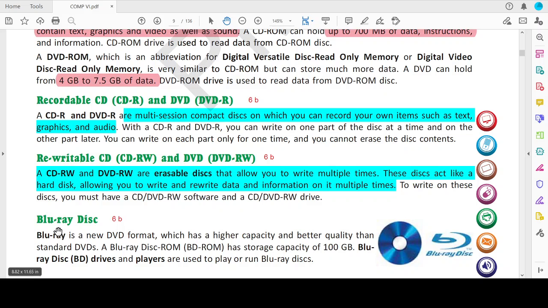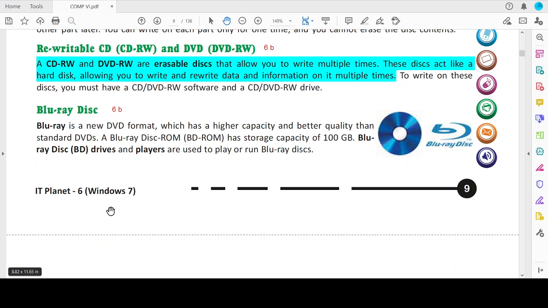Next is a Blu-ray disc. Blu-ray is a new DVD format which has higher capacity and better quality than standard DVDs. A Blu-ray disc ROM has a storage capacity of 100 GB.